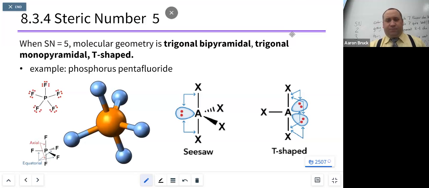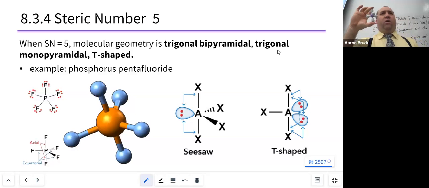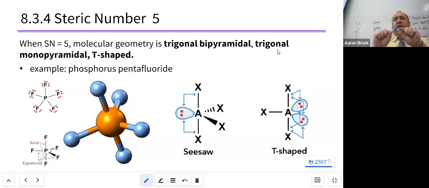Well, what you should notice is if you hold your model tip to tip like this, you pretty much have the marriage in this particular steric number of the linear shape and the trigonal planar shape in the same model. So we have linear, we have trigonal planar, they're both here at the same time.